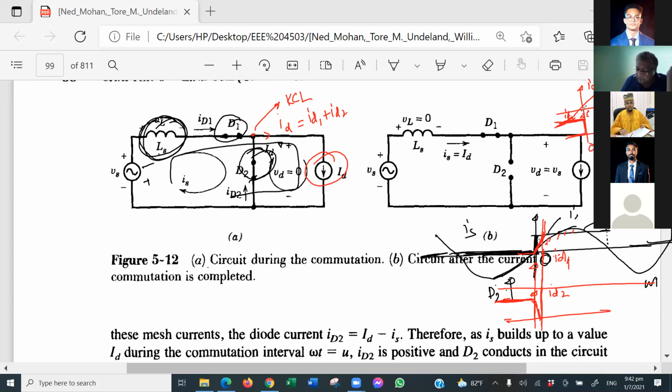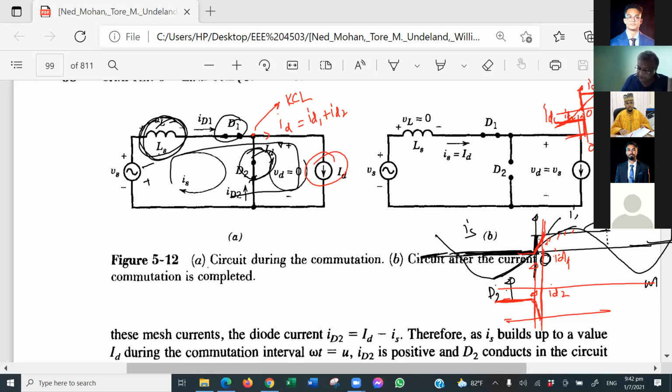Yes. And what was ID1 during this time? 0. Then if there is no LS and the voltage is positive, the ID2 current will immediately go to 0, and ID1 immediately takes over the current.